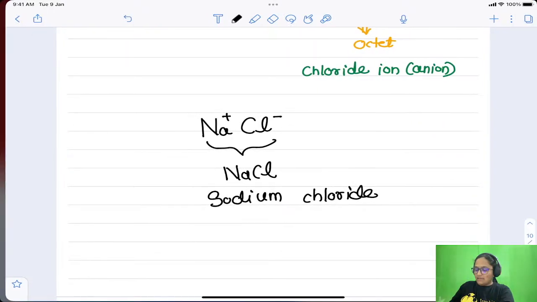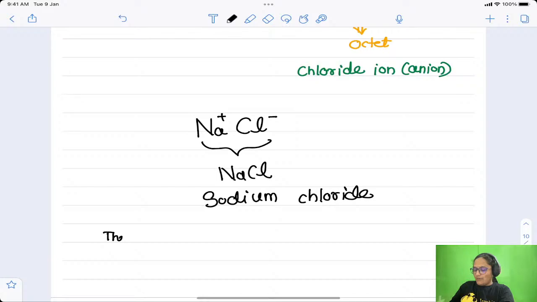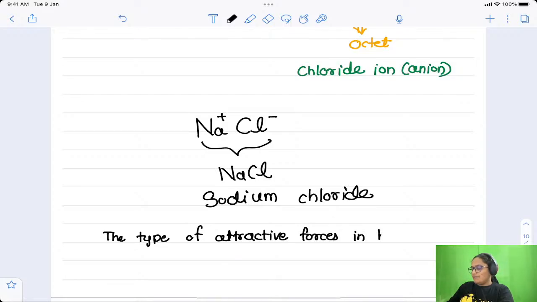Therefore we can say the type of bond, the type of attractive forces, I'll write down, the type of attractive forces in between Na plus, oppositely charged, right? Opposite attracts, Na plus and Cl minus.